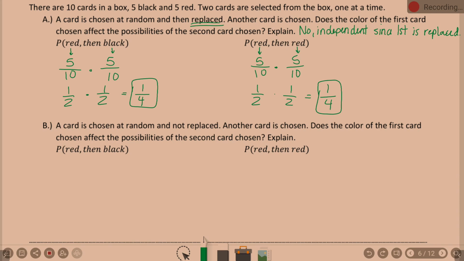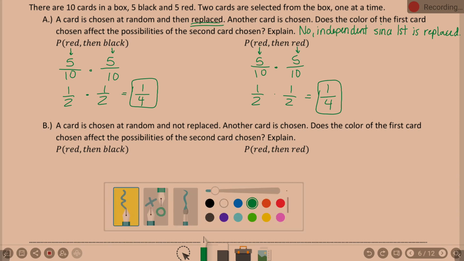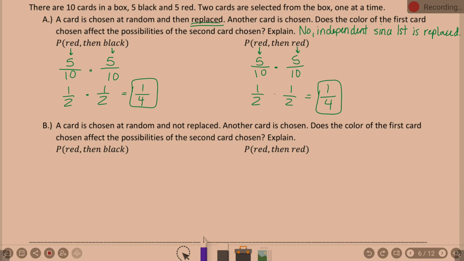Now, B. What's it say? A card is chosen at random and not replaced. Another card is chosen. Does the color of the first card chosen affect the possibilities of the second card chosen? Yes, it does.